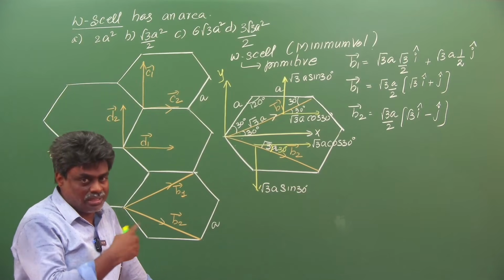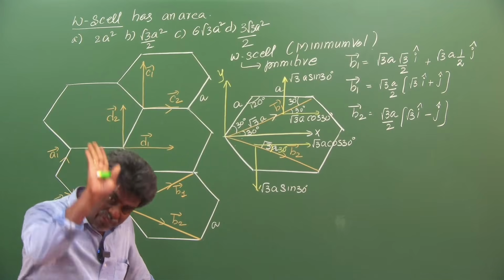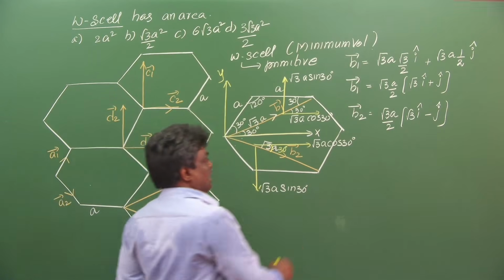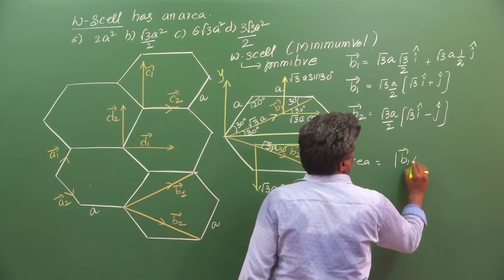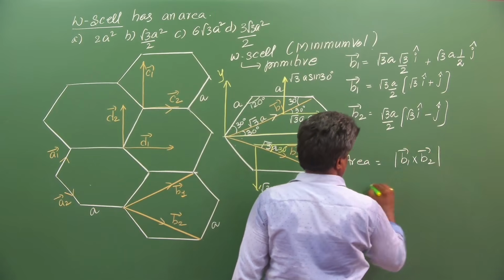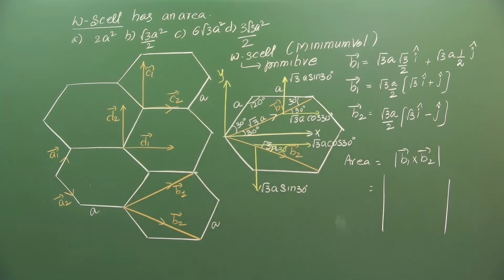He is not asking the area or volume of the Brillouin zone. He is asking the area of the Wigner-Seitz cell. That's why, what is the area? How to find area? B1 bar cross B2 bar. I hope you know the determinant. Come on. Check what is the answer.